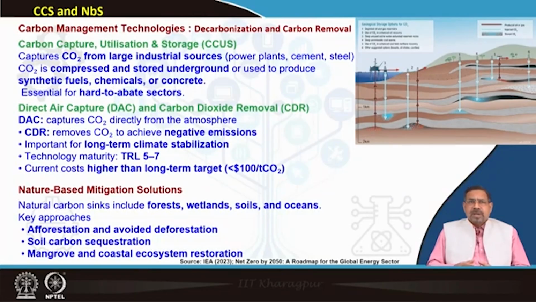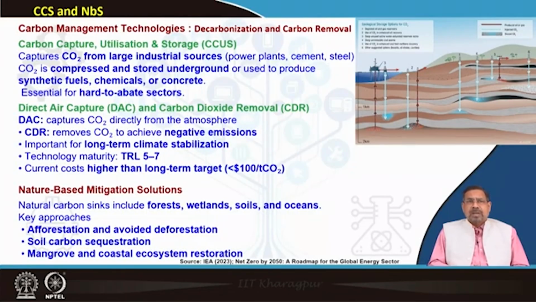Carbon dioxide is compressed and then stored underground. That means we withdraw it from the atmosphere and put it under geological storage, and it is used to produce synthetic fuels, chemicals or concrete, and it is essential for hard-to-abate sectors.